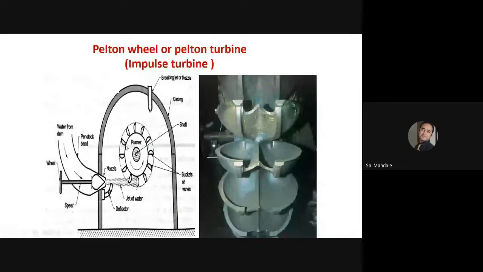The section of this is like such a way. This is the bucket, or we can say cups. Now, when the water comes and strikes the cups or vanes of the turbine, the blades or runner start to rotate with a high speed.